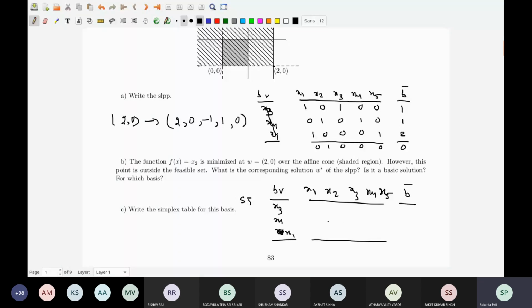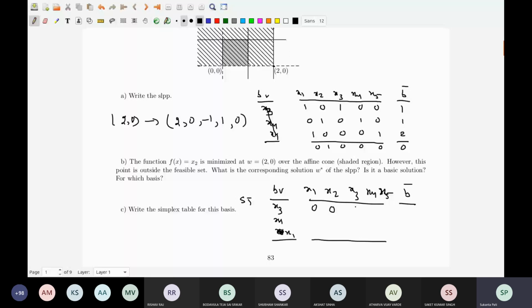Therefore, what I have to do is take the third row and subtract it from the first row. So that will give me 0 0 1 0 minus 1 minus 1.